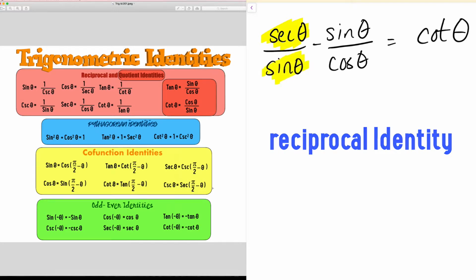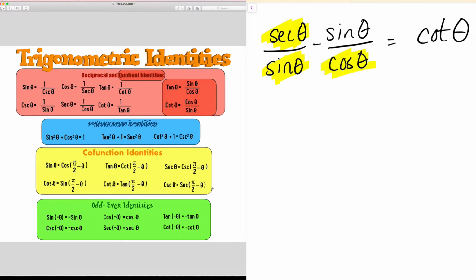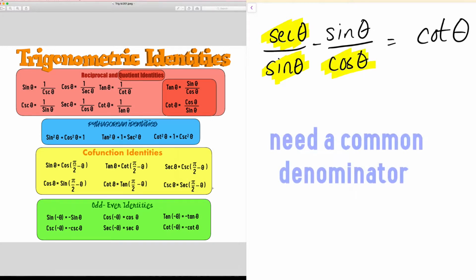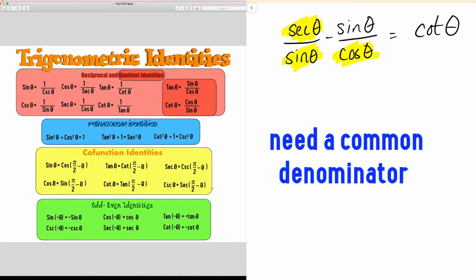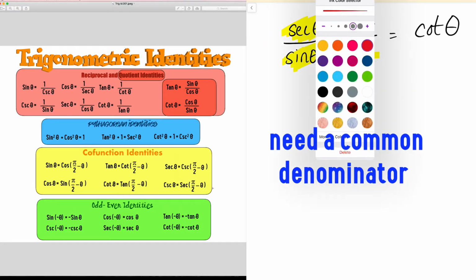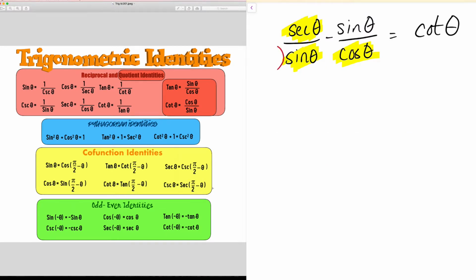The other thing is I have two terms with different denominators, so I can't put this together. So I want a common denominator, and to do that I need to multiply each term by the other's denominator. I multiply the left term's numerator by cosine theta, and on the right-hand term I multiply by sine theta, which means I also multiply the numerator by sine theta.